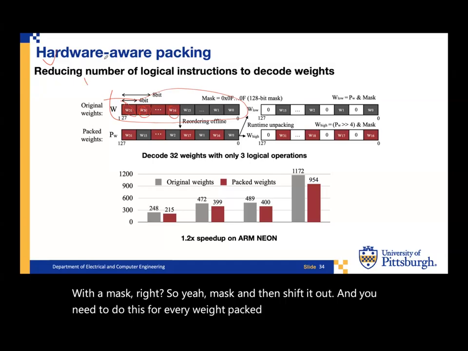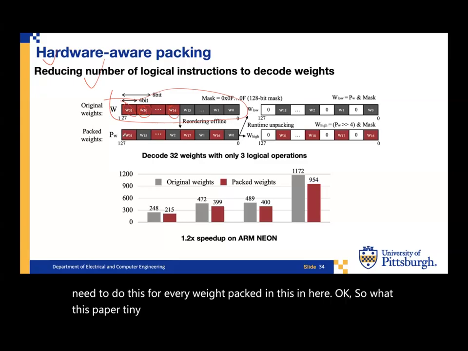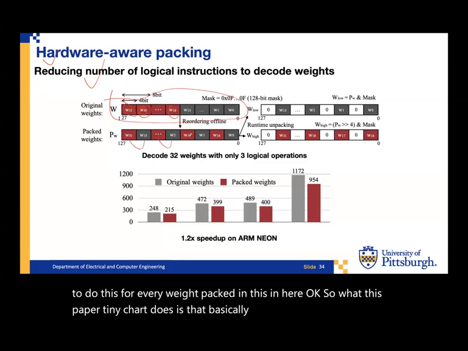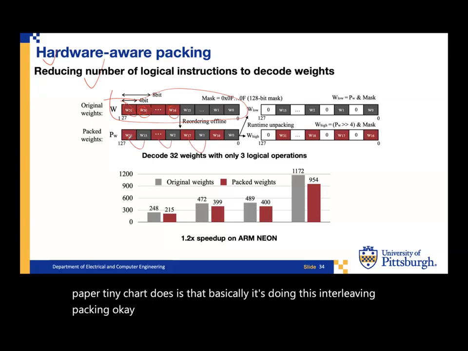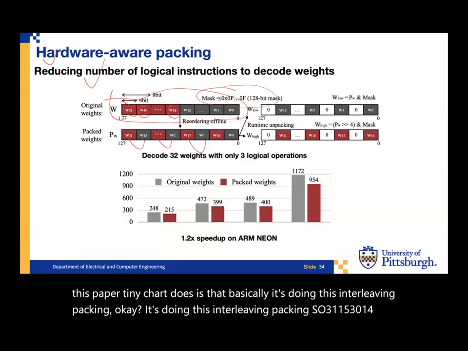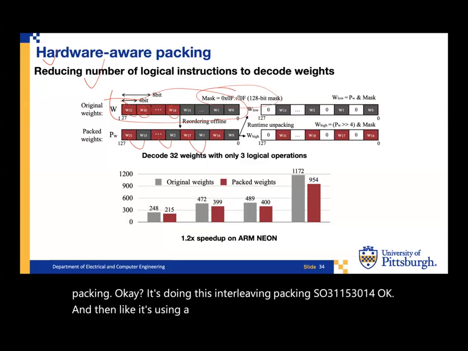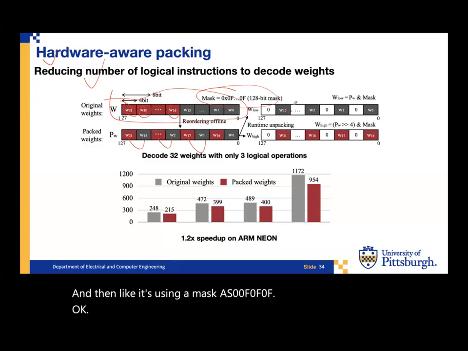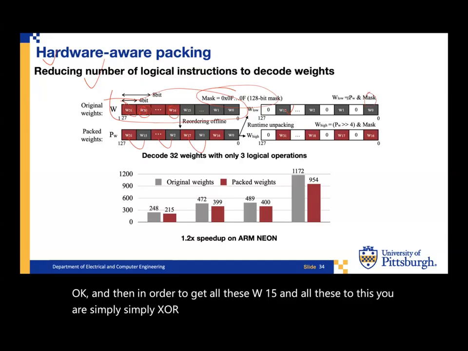Okay. So what this paper TinyChat does is that basically it's doing this interleaving packing. So 31, 15, 30, 14. And then it's using a mask of 0F, 0F, 0F. And then in order to get all these W15 and all these, you simply AND the mask with the weight.